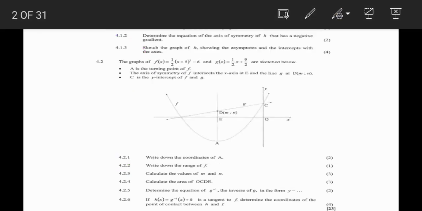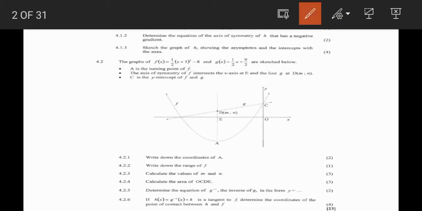Then we have 4.2.3, which says calculate the values of m and n. If you check there, you will see that they said something about D. They said the axis of symmetry of f intersects the x-axis at E and the line g at D(m; n).